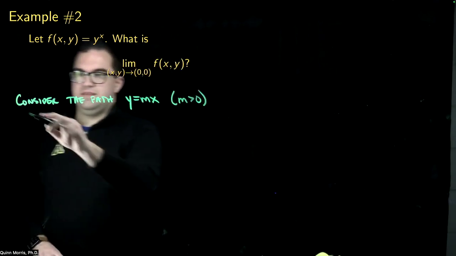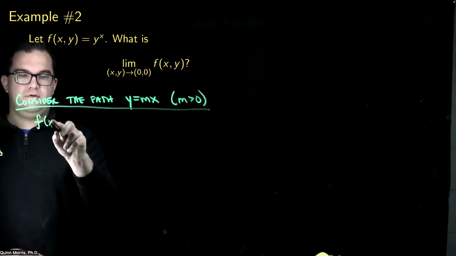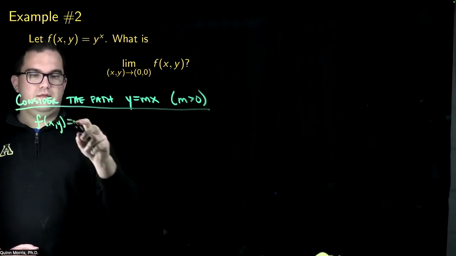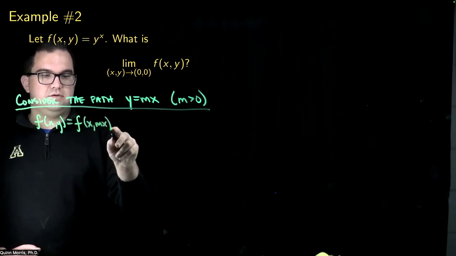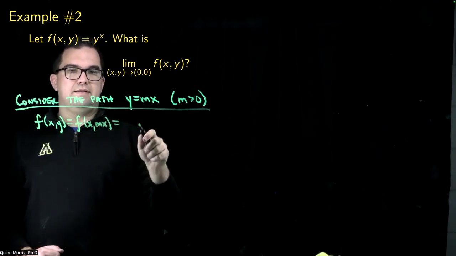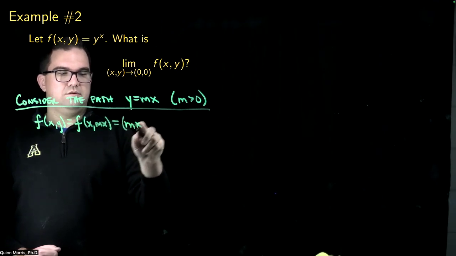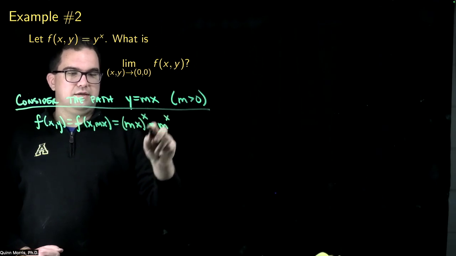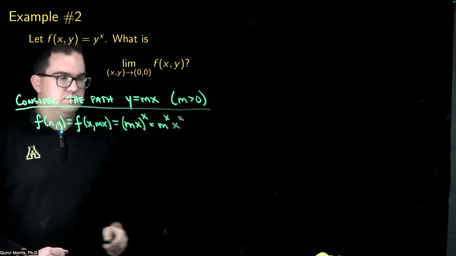So let's look at this function along this path. f of (x, y) is f of (x, mx), and that's going to be mx to the x power. So I can write this as m to the x times x to the x.